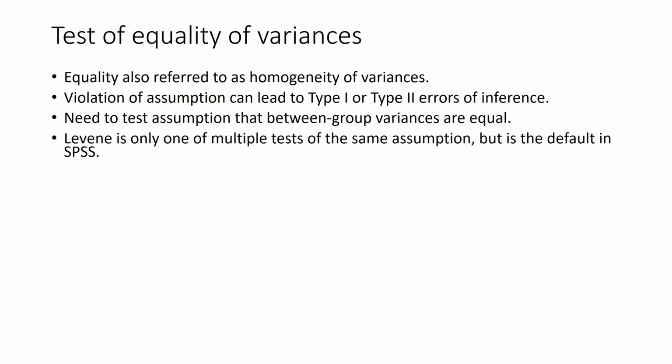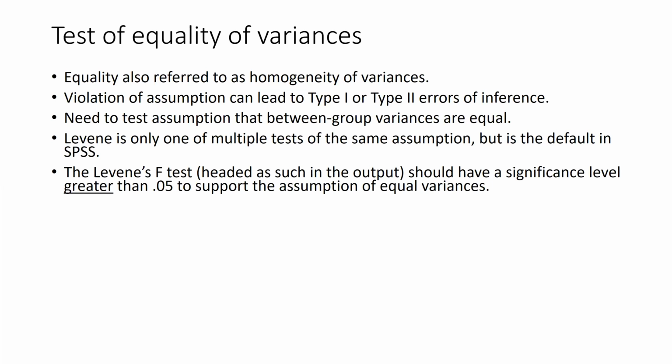However, and well, this is not quite the however part, in SPSS, the default is Levene's test. And there are other tests which are described in the textbook, but Levene is provided in SPSS.